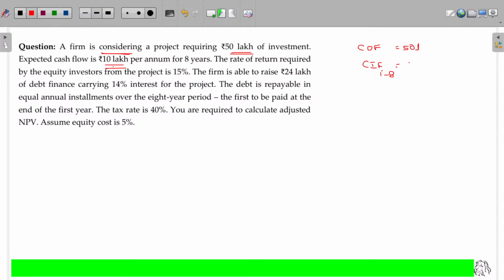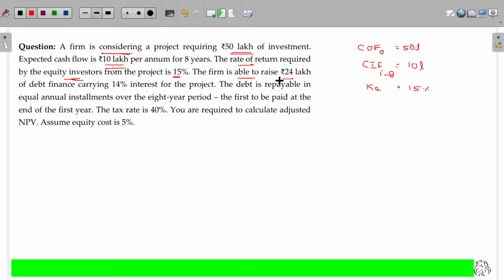The rate of return required by the equity invested in the project is 15%. The rate of return expected by the equity shareholders, named the cost of equity, KE in short, is 15%.